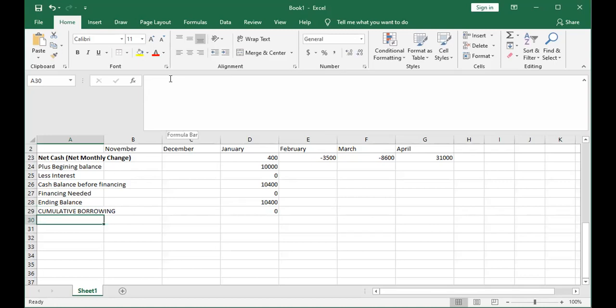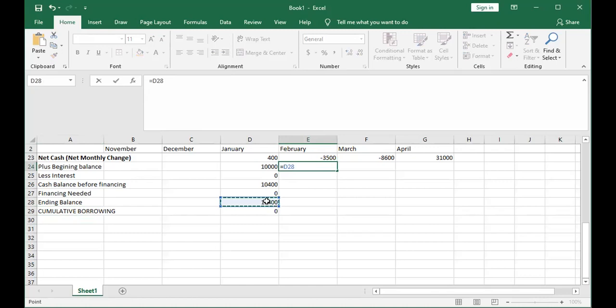Okay, then now you have to continue with the month of February. In February, the beginning balance comes from the ending balance of January.